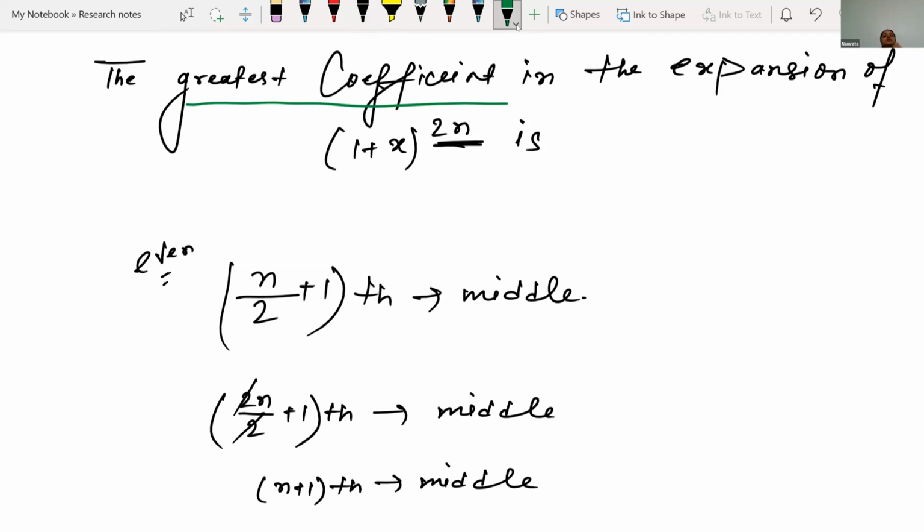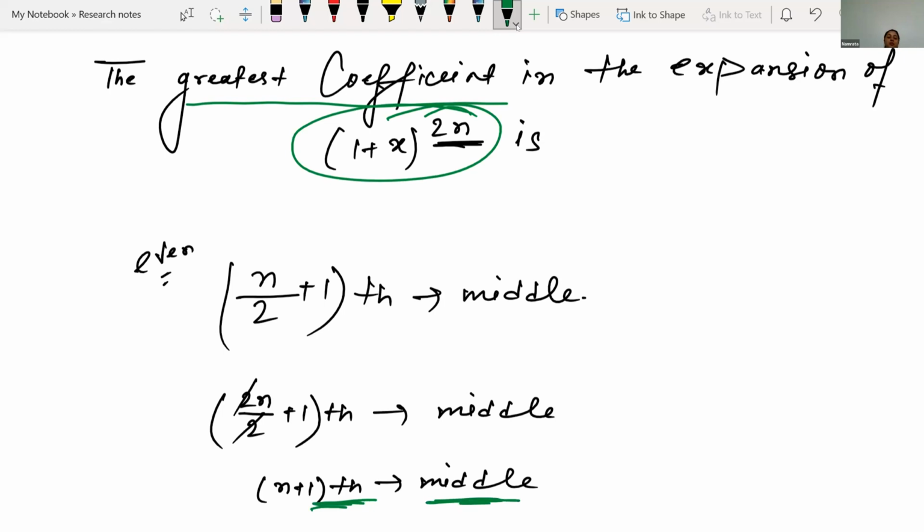Yes, ma'am. That's why, just after looking at the question, we started finding the middle term. Which term is having the greatest coefficient? The middle term will be having the greatest coefficient in general. Exceptions we will be discussing after a while. So according to that, we started finding the middle term of this one, and we realized we have to find the n plus 1th term.